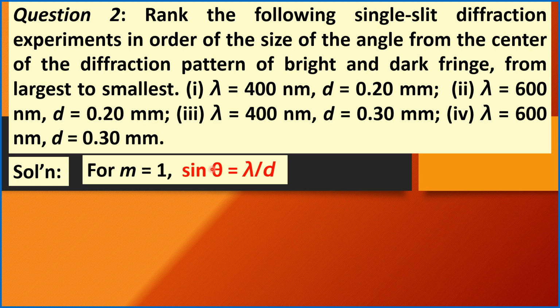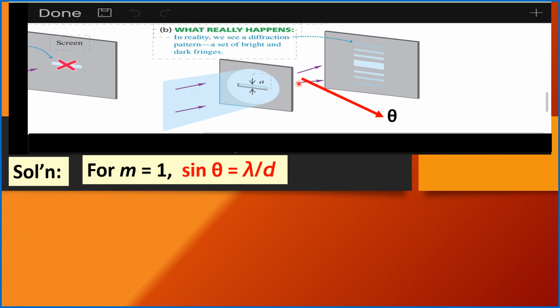The angle theta is defined here as the angle formed by the horizontal line that connects the slit to the center of the central bright band, and another line that connects the slit to the first dark fringe or the first minimum. That angle between those two lines is what is represented by angle theta.